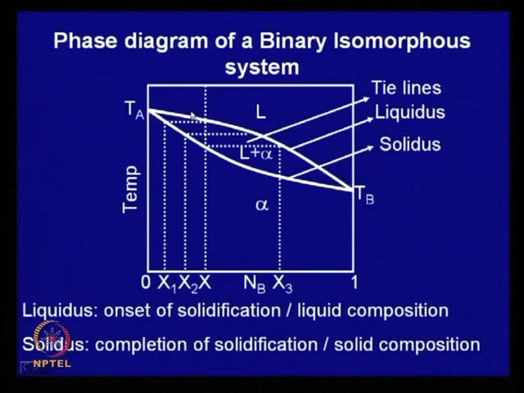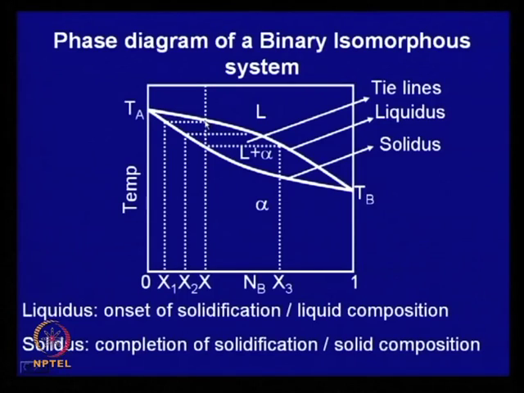The T L line that represents the temperature at which solidification begins is called the liquidus. This line is called liquidus, and the line which represents the temperature at which the solidification process is complete is called solidus. Now look at the solidification process of this alloy X. When the solidification begins here, it can be in equilibrium, so some solid will precipitate out.